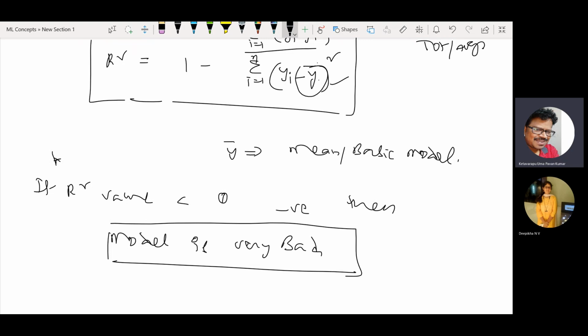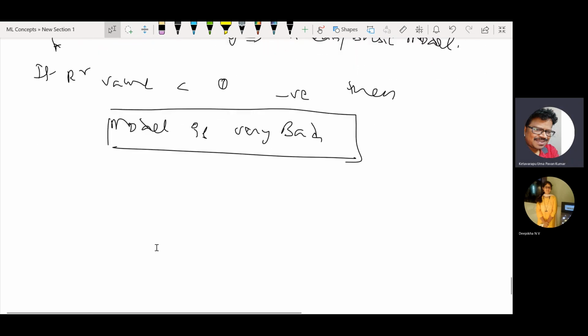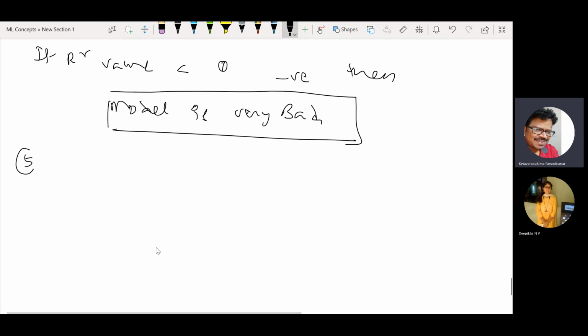If it is negative, then obviously it leads to some sort of bad representation. Compared with this, you can go with the base model or the mean, finding out the mean and all these kinds of conventions. Okay, and now the last thing, which is nothing but adjusted R square.